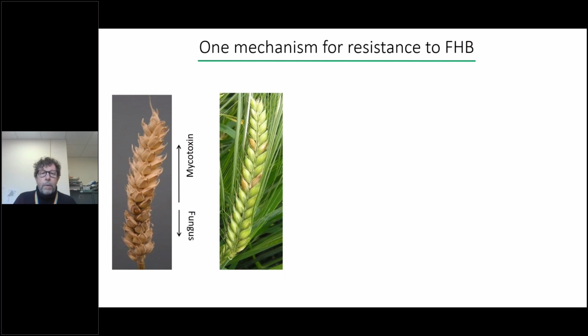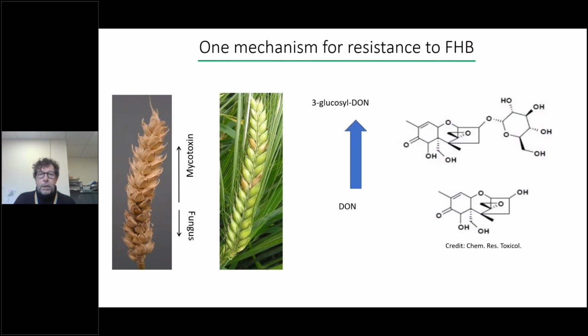In barley, the fungus is restricted to the spike that it infects. It's unable to move within the spike. And this is so-called type 2 resistance. And one of the mechanisms involved in this resistance is barley's ability to detoxify DON.